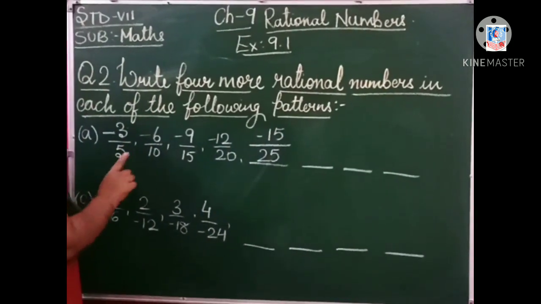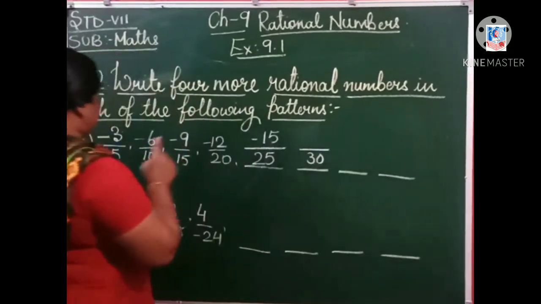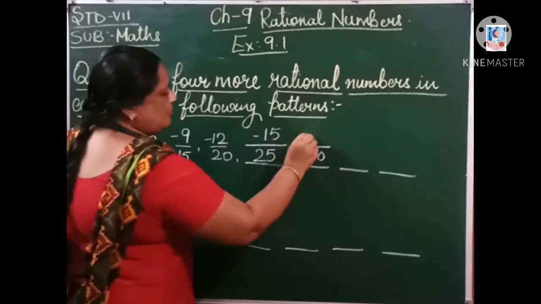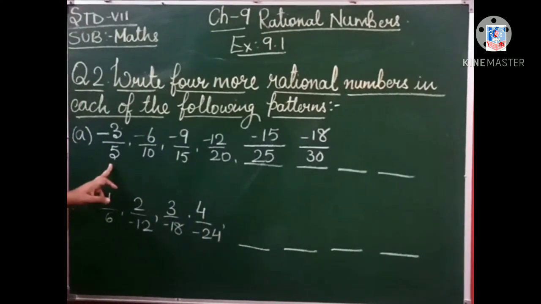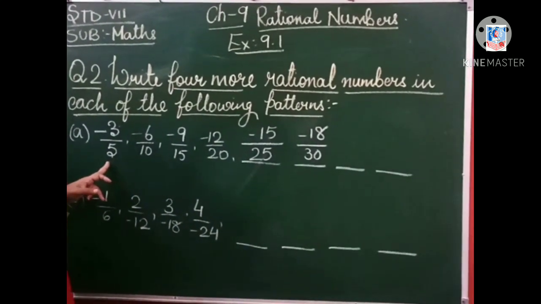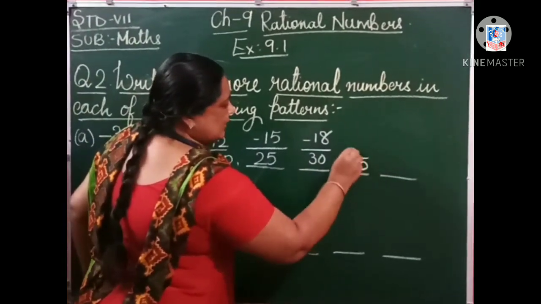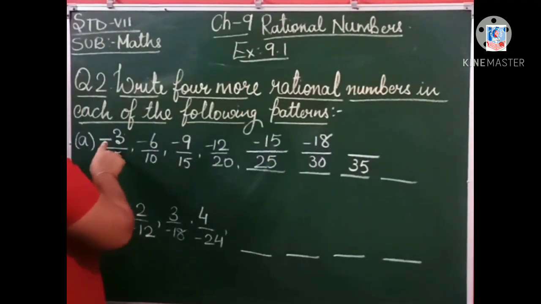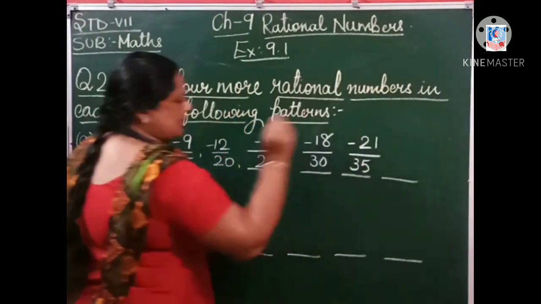Now next, 5 6s are 30 and minus 3 into 6 minus 18. Next, 5 7s are 35 and minus 3 into 7 minus 21.